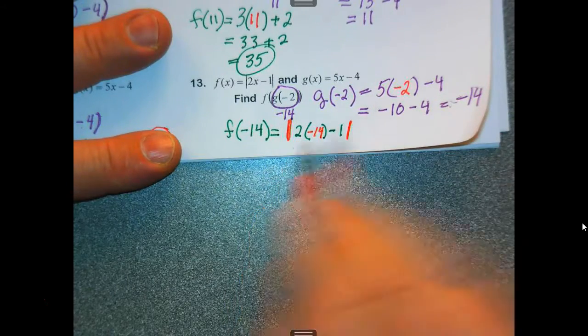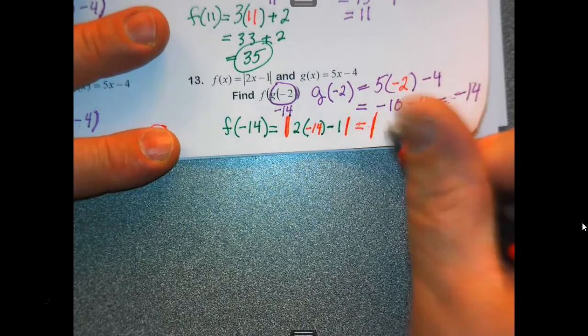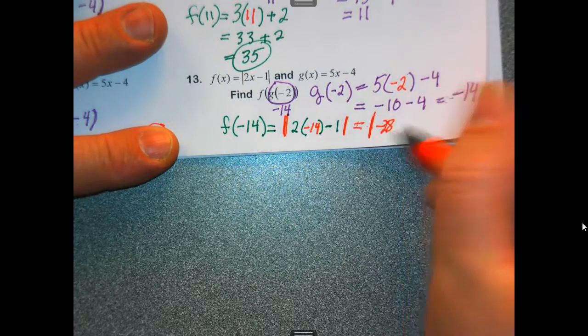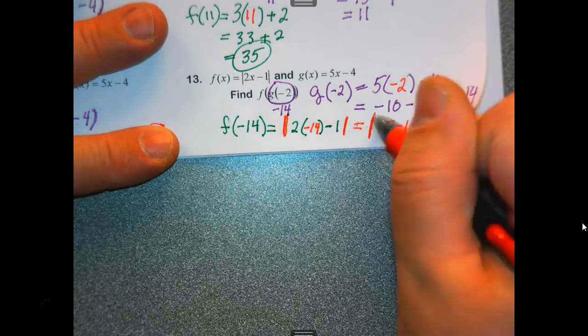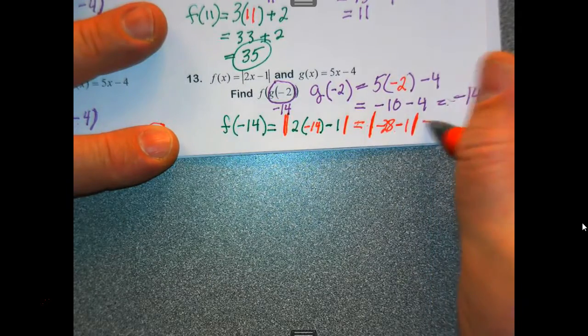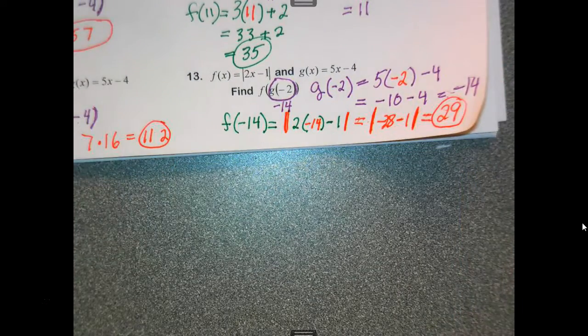Let's see, that would equal the absolute value of negative 28 minus 1, which is negative 29, but then I have to take the absolute value, and I get positive 29. So the f of g of negative 2 equals 29.